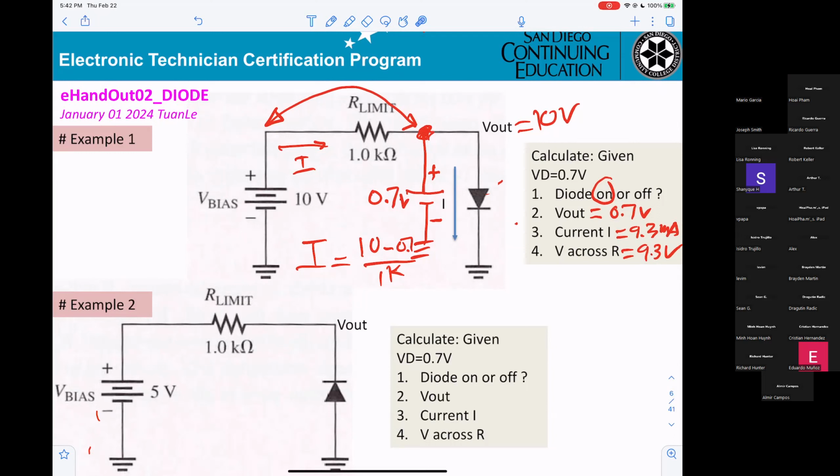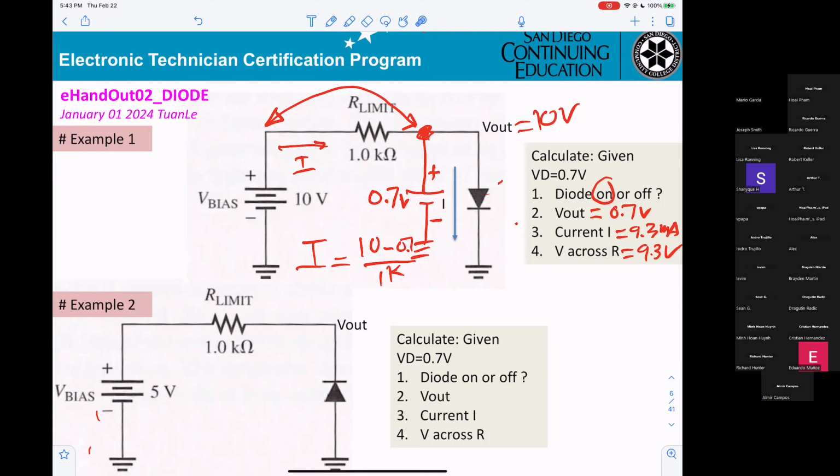So in the instance of number 4 on the calculation block there, V would be volts across the resistor, correct? Right. You get a current I of 9.3 milliamp. Resistor 1K.